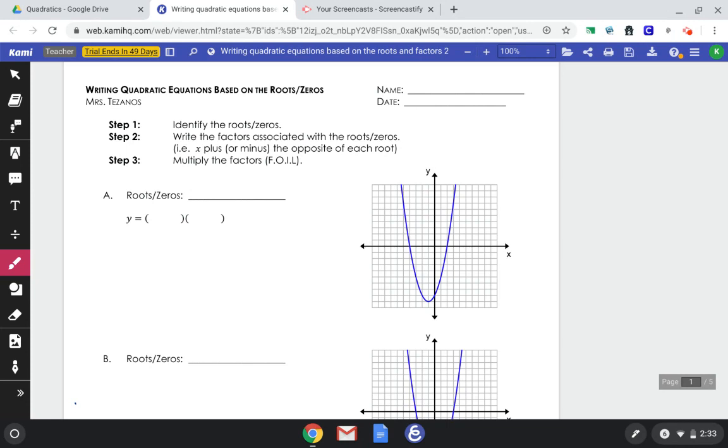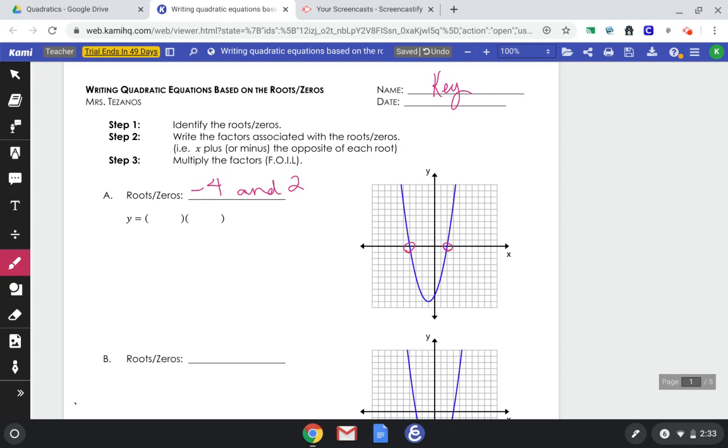Okay? All right, so going through this, when you are given your quadratic, the first thing that you want to do is identify the roots. So right here and right here, remember the roots are where the graph crosses the x-axis. So in this case, our roots are -4 and 2.